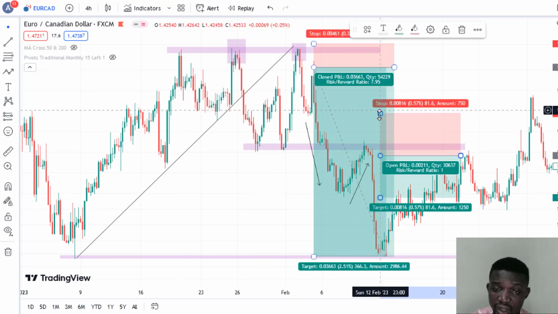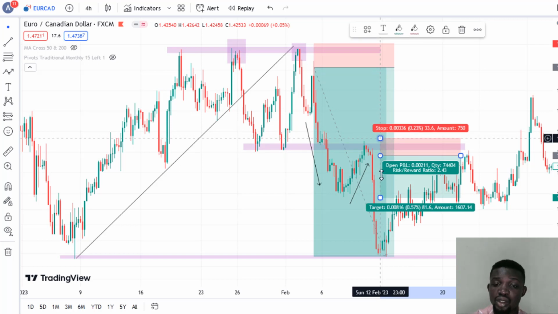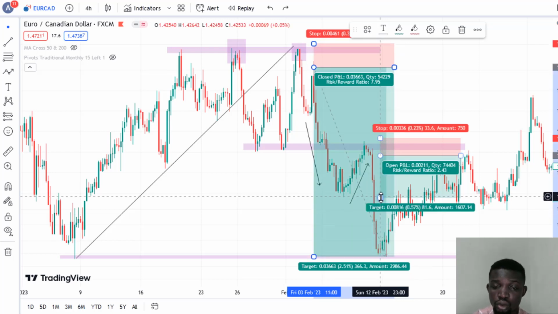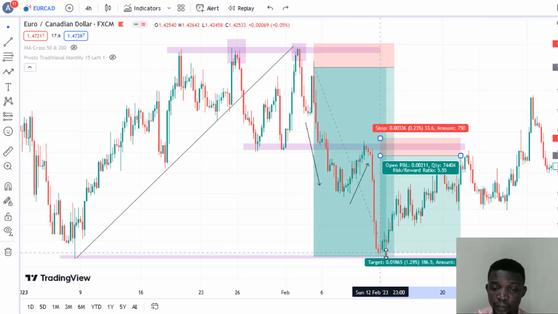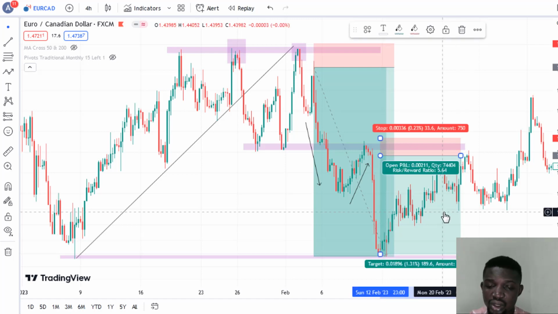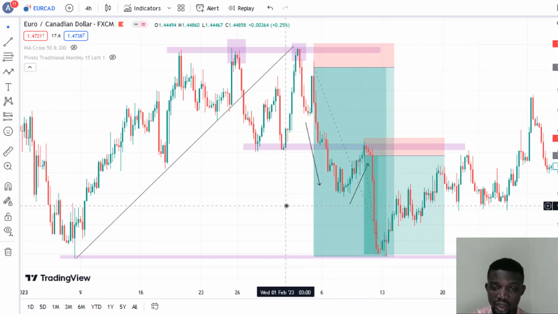Then you enter and place your stop loss a little bit above the reversal candlestick, and then you take your take profit to the support down here, and that is how to trade with the double top chart pattern.